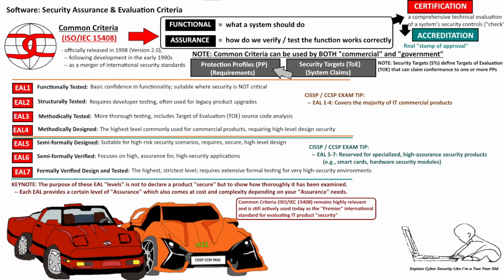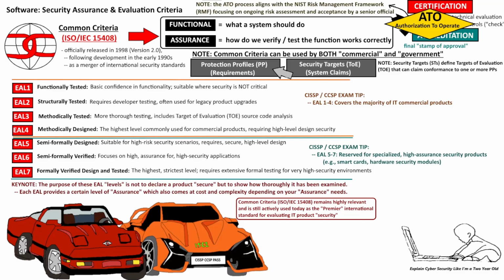That is to say, a product or system is accredited to be certified against a certain evaluation criteria or framework. And here's a bonus tip. These two terms, certification and accreditation, are old compliance terms which have now been replaced with the ATO, Authorization to Operate, or Authority to Operate. And the ATO aligns with the NIST Risk Management Framework, RMF, about ongoing risk assessments and acceptance by senior officials.